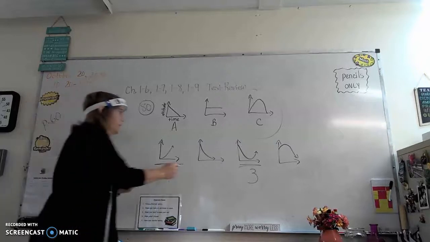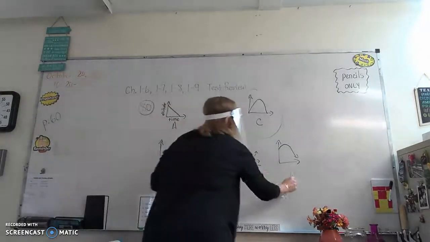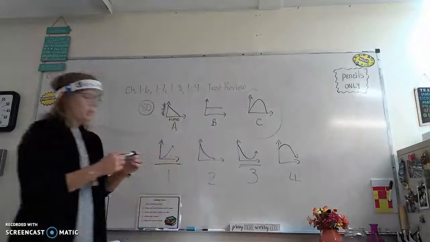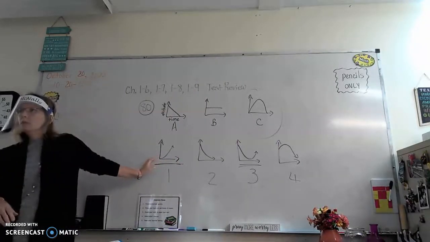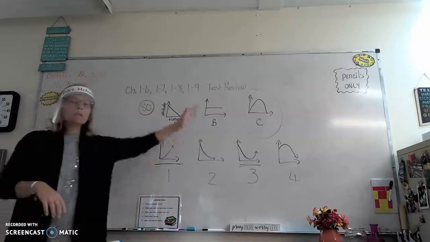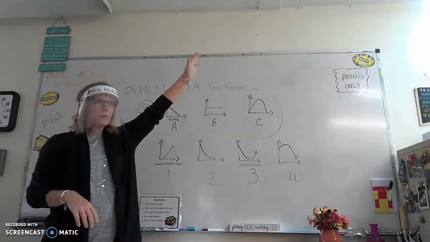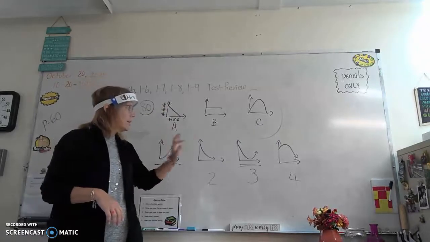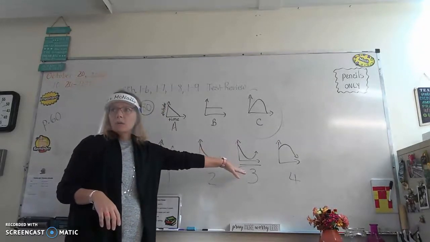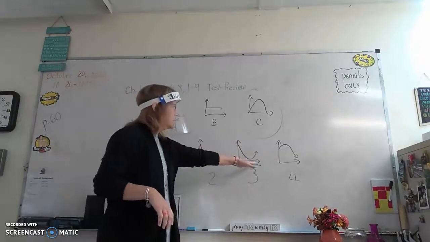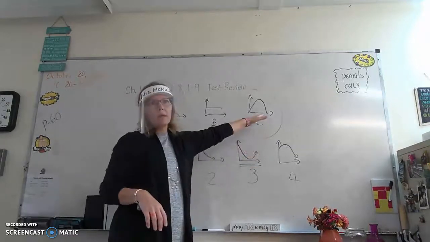And then I feel like 2 and 4 might be a little bit similar too. So, number 1 would be a graph that starts low and just keeps rising. And number 3, it starts high and goes low, but then what does it do? It goes back up again.